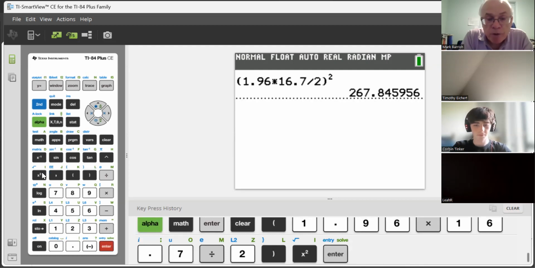All right, so that's how you do it with your calculator. Pretty simple. Just round up to the next whole number, and you're done. Any questions about that? How to do a minimum sample size problem here? Okay. No questions.